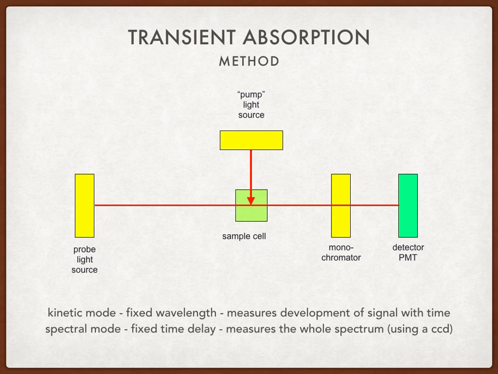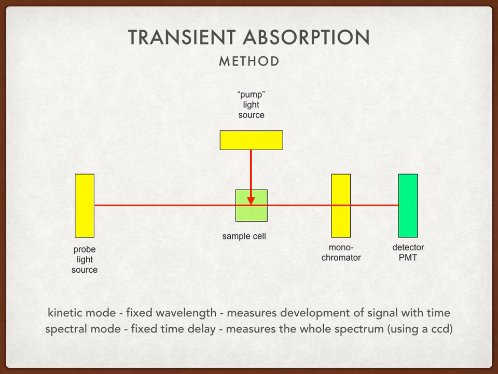The pump is orthogonal to the probe light source in basic instruments, although as I move to faster instruments, for reasons to do with how the spectroscopy behaves, I'm going to use a magic angle. We'll see that later. But orthogonal is common in slower speed instruments, nanosecond instruments.